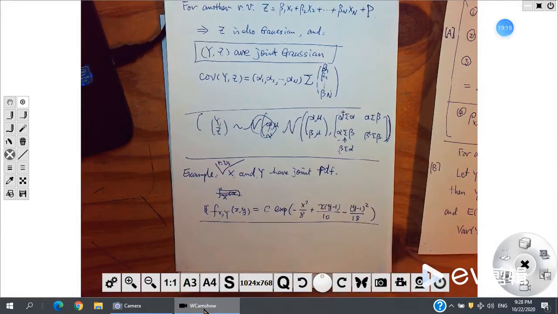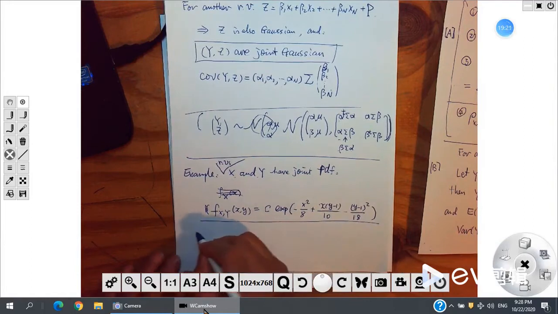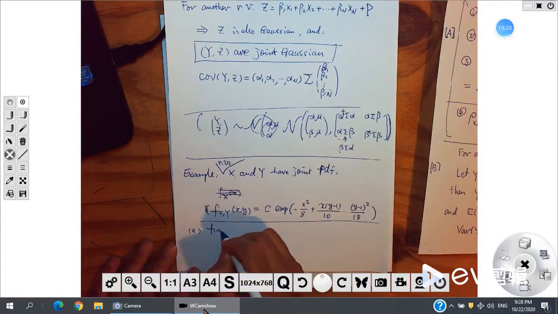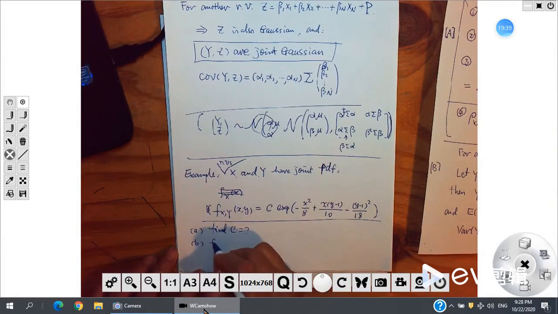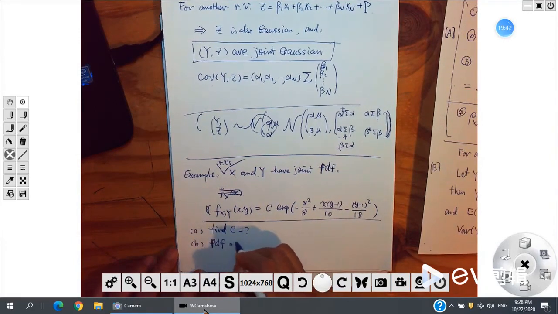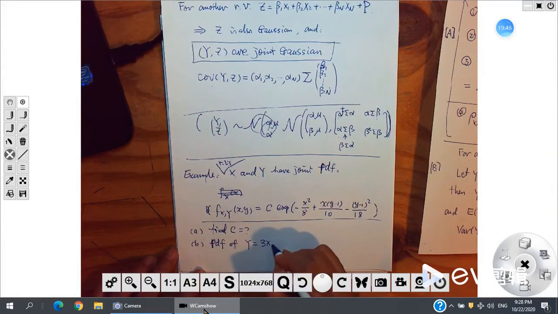Is this one. Now we consider what kind of problems we have. First, we want to find C. What is this C? Second, we want to find the PDF of Z, which is equal to 3X plus 2Y.